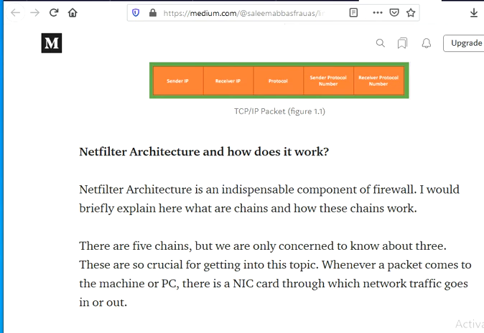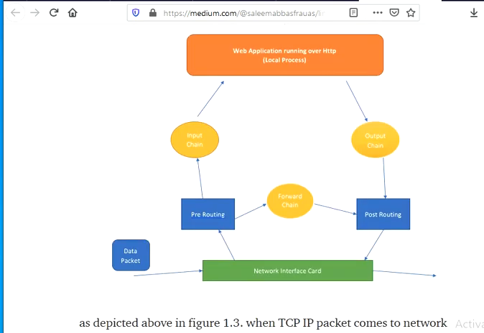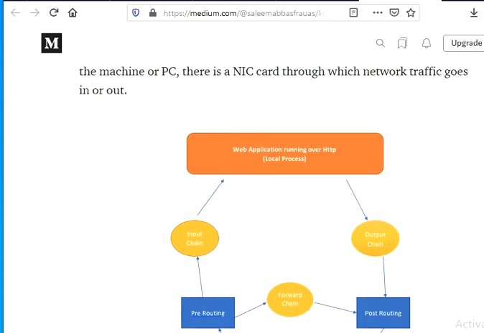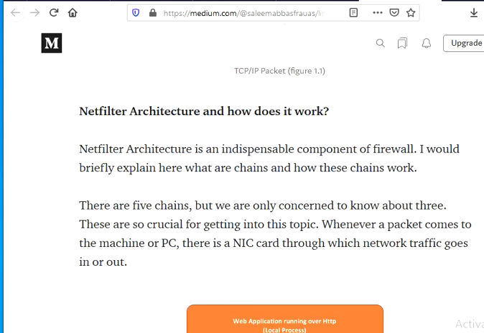So formally, we can say that Netfilter architecture is an indispensable component of a firewall, and I would briefly explain here what the chains are and how they work.